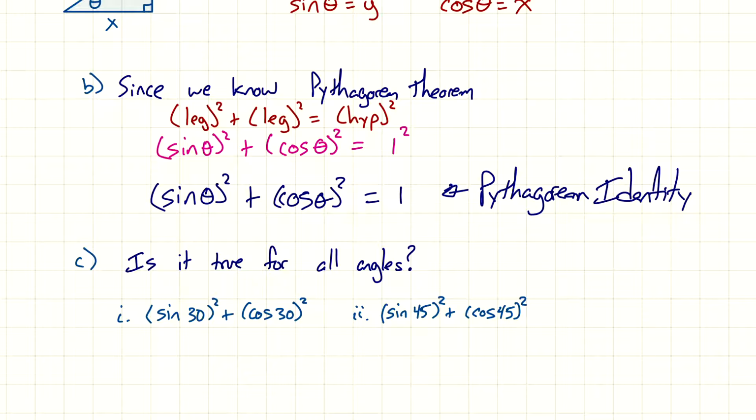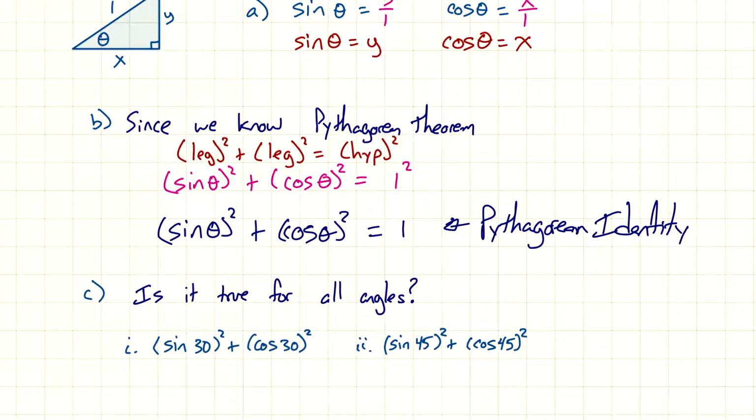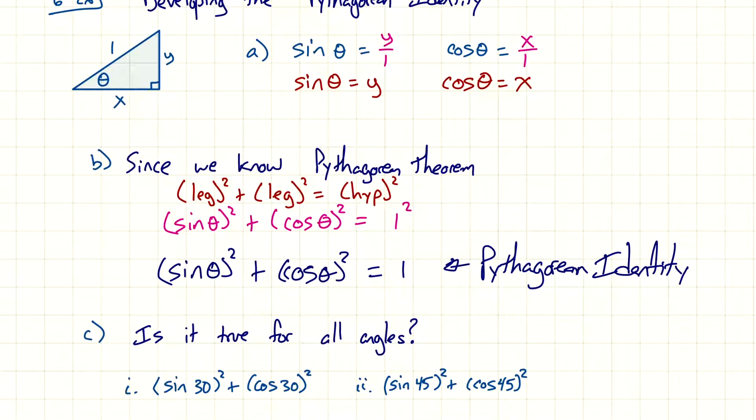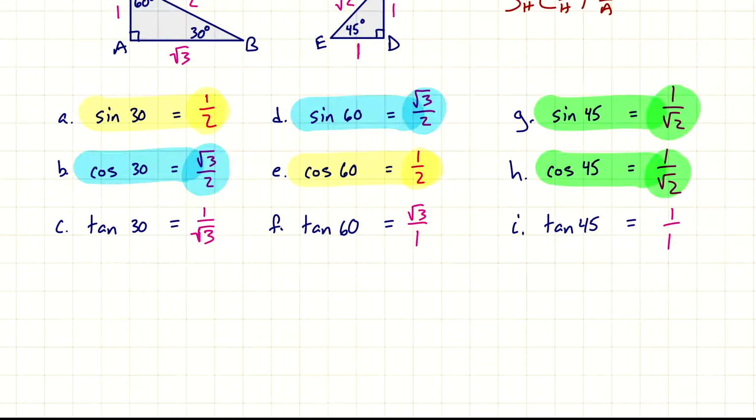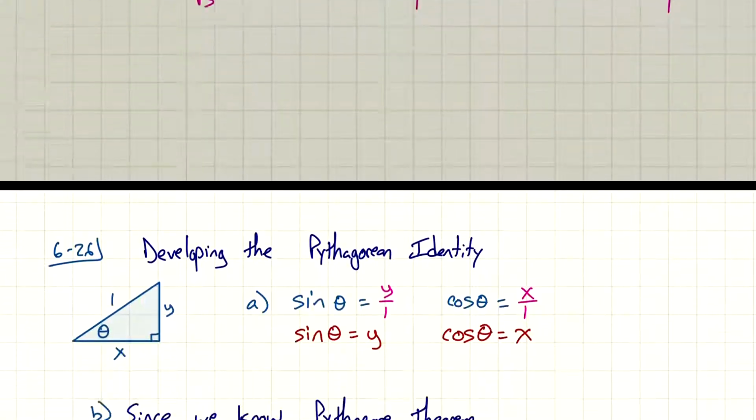For sine and cosine of 30, we don't want decimals, we want exact answers. So let me go back and look: sine of 30 was 1/2, and cosine of 30 was square root of 3 over 2.